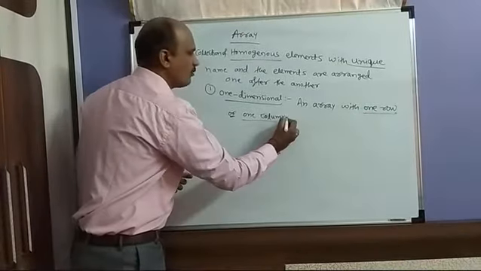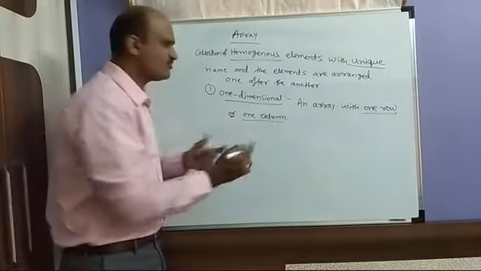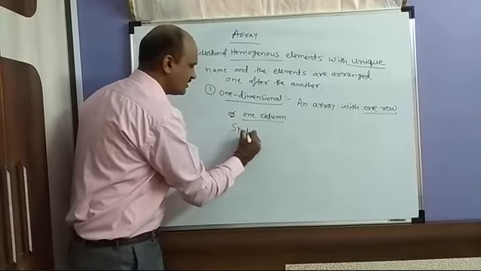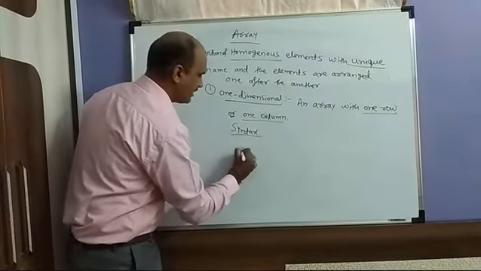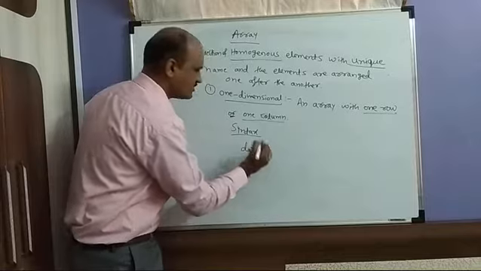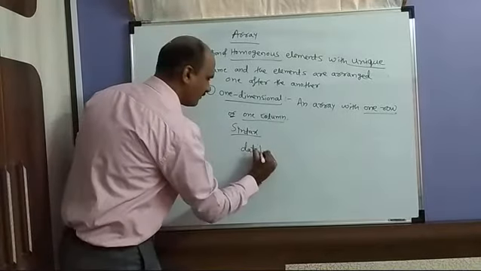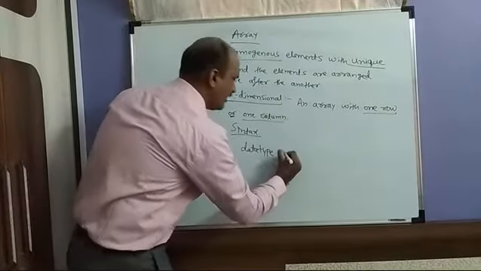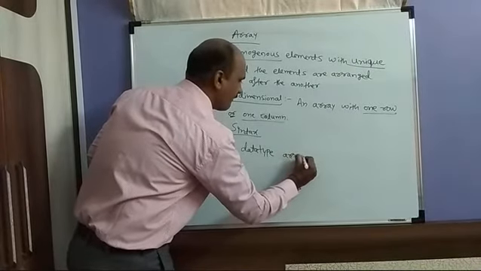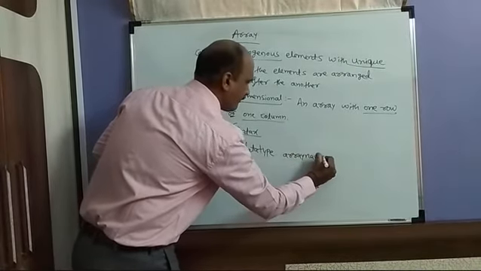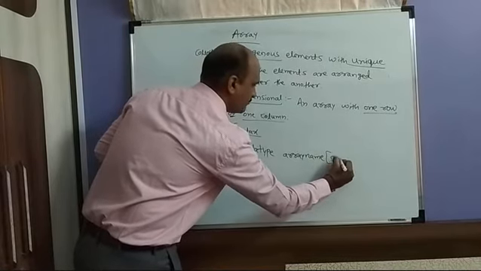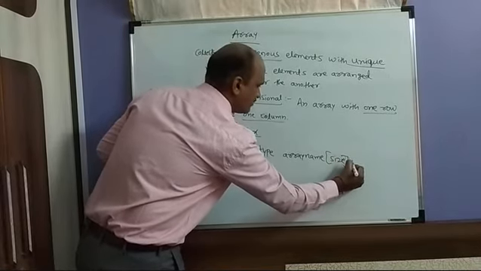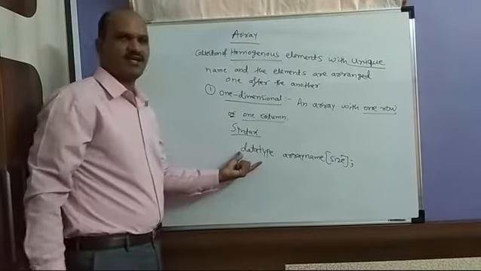You already know the syntax, very simple. The syntax is data item, meaning your data type, then the name of the array, that is array name, and the size of the array. This is the syntax of a one-dimensional array.